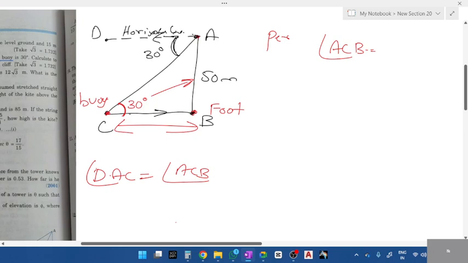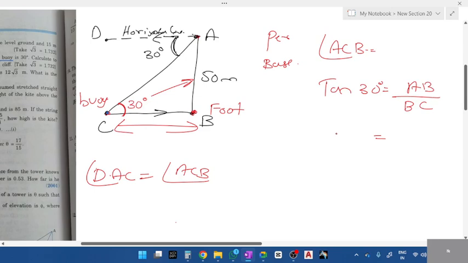From point C, what do we call the distance CB? Is it hypotenuse or base? In which formula do we use it? Same, tan. So tan 30 degrees is equal to AB divided by the base BC.